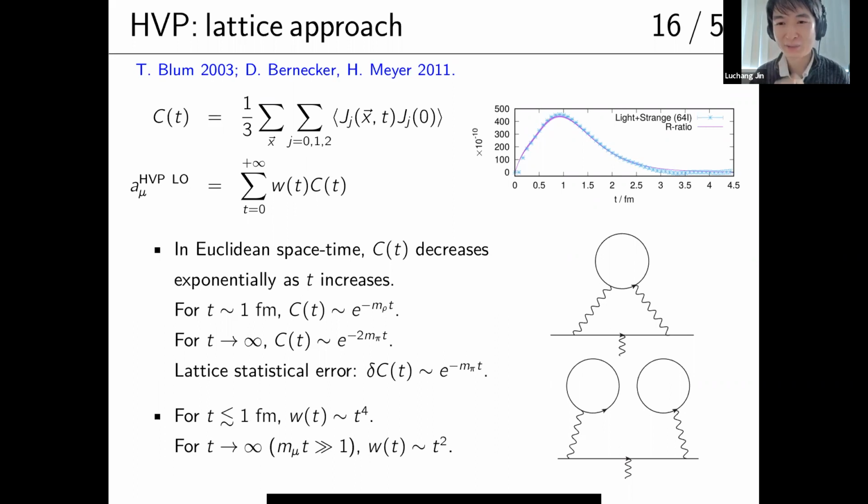Coincidentally, this is also the energy range. If we convert this Fermi into energies, it happens to be around the muon mass, but that is really a coincidence. The curve will still look like this if we are calculating the HVP for the electron g-2 or the tau g-2. This peak mostly comes from the pi states or the rho resonance states.